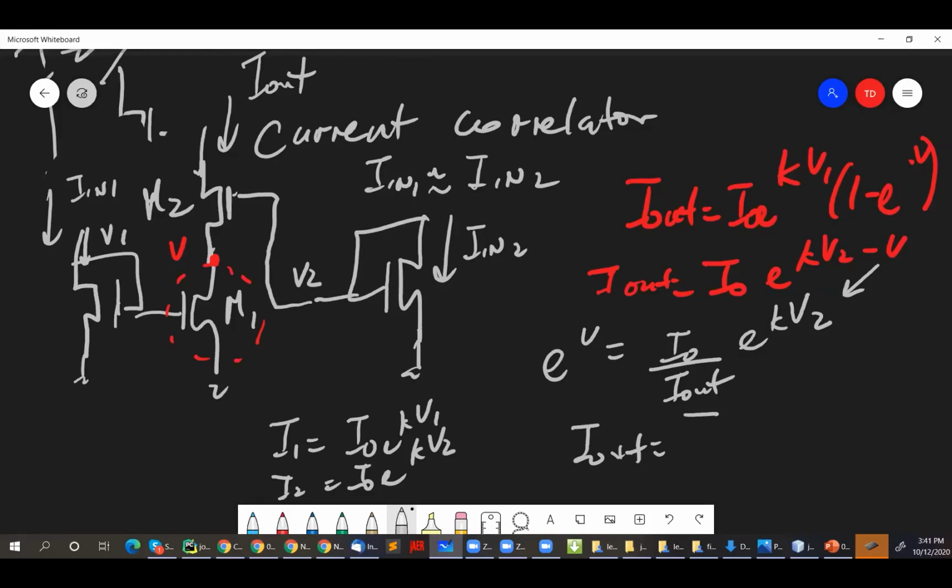I naught is equal to I1 times 1 minus e^(kappa V2). So that's I2 over I out. Wait, it's not quite right, is it? Oh wait, this is totally off. This is not right at all.